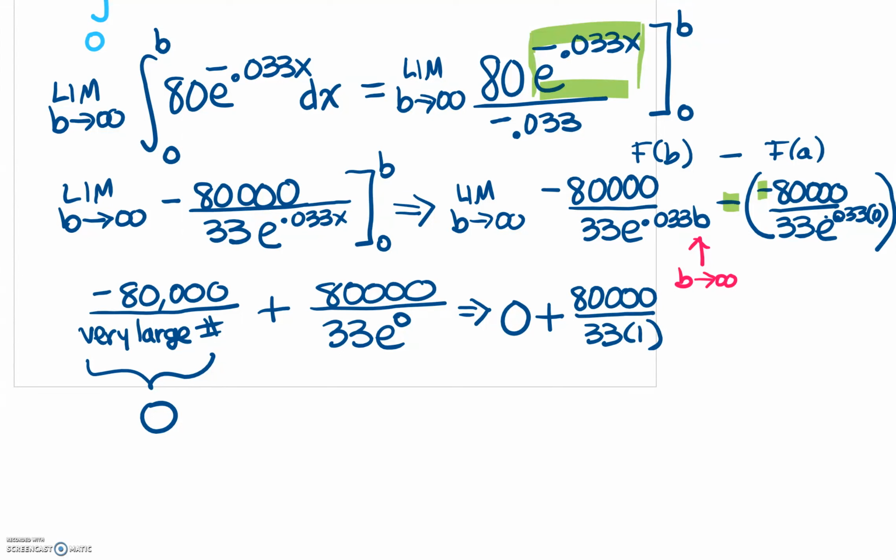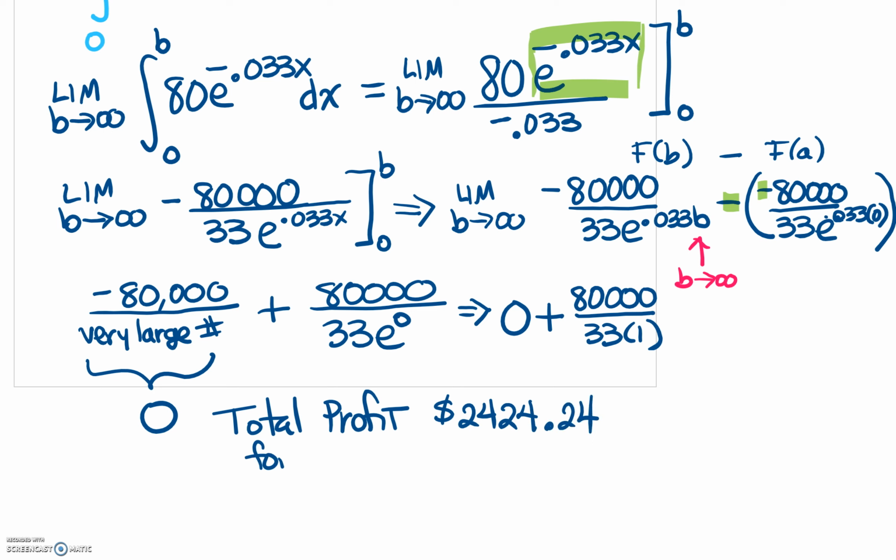So 80,000 divided by 33. So my total profit, and since this is money, I'm going to change this back to a decimal form where I can round it off to 2 decimal places. If I divide 80,000 by 33, I'm going to get this number here, 24 thousand, 24 hundred, and 24 cents. So the total profit is this for making infinitely many units.